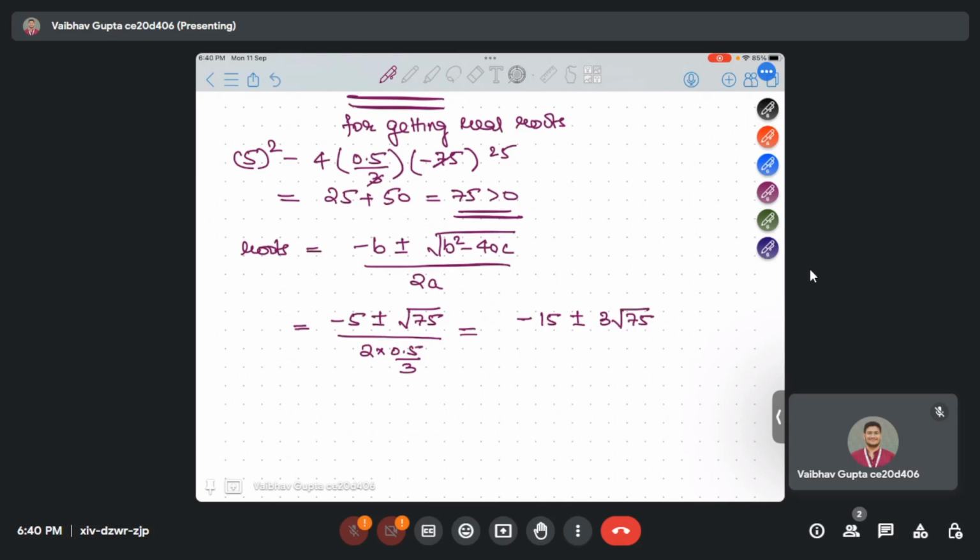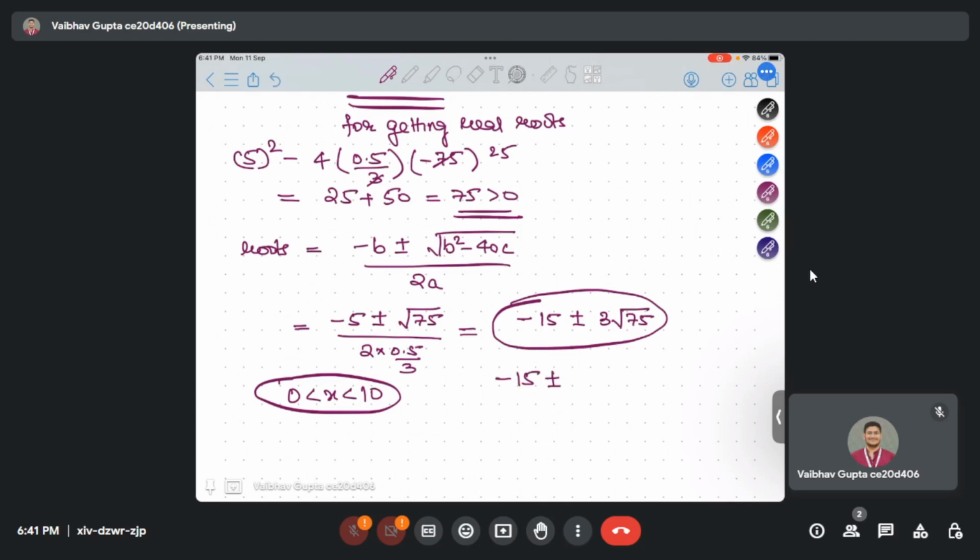You can see that this will not come in the range of 0 to 10. Minus 15 plus, if I open up the root of 75, it is 8.660254.